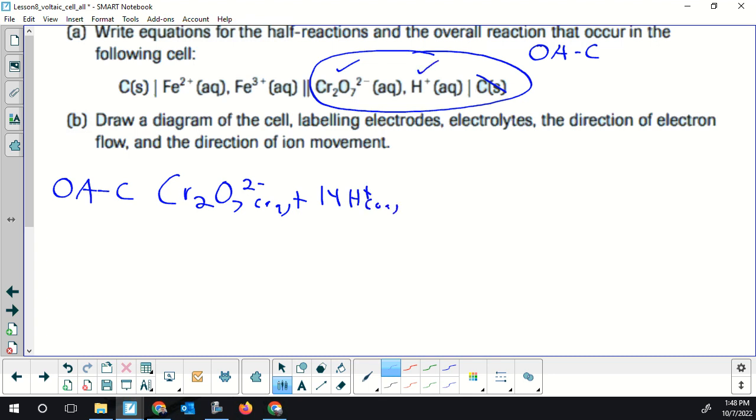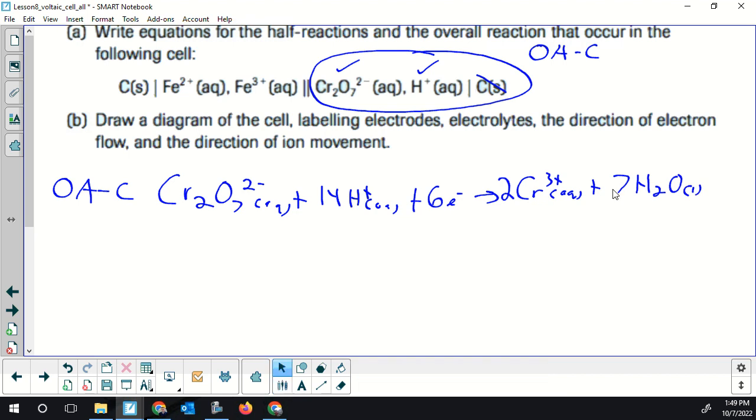So we have both pieces to that oxidizing agent. And then we need 6 electrons, and we can make 2 chromium 3+ ions and 7 water.